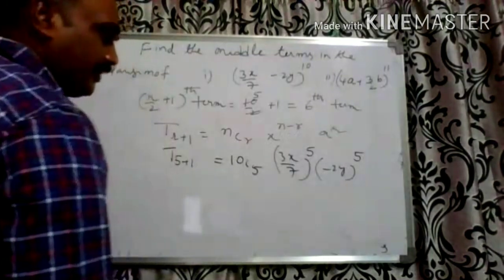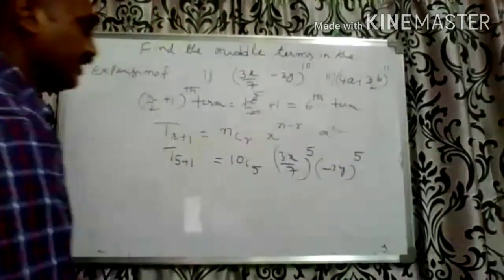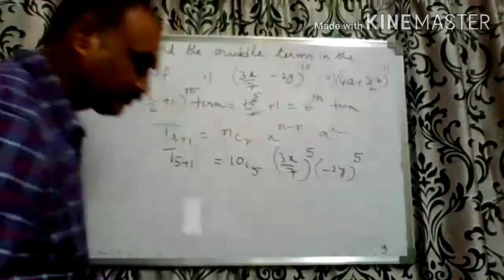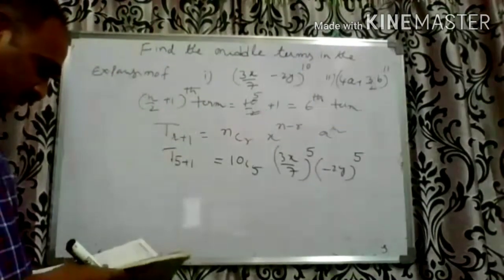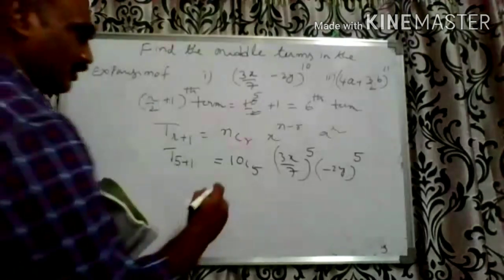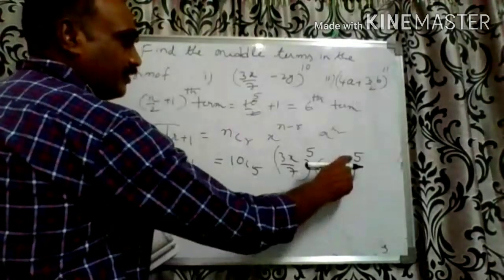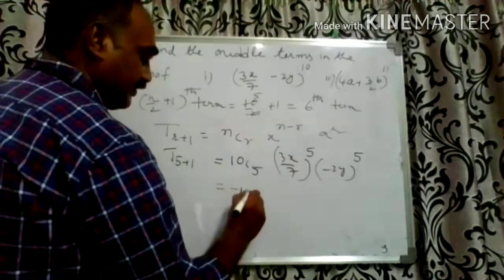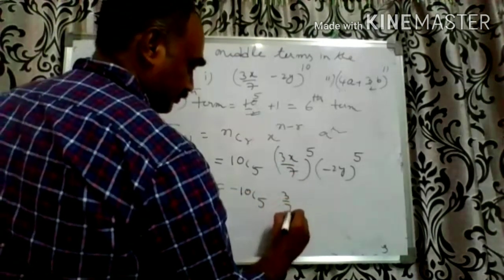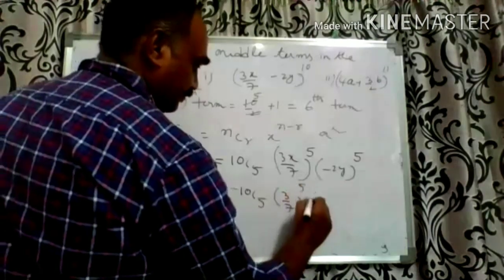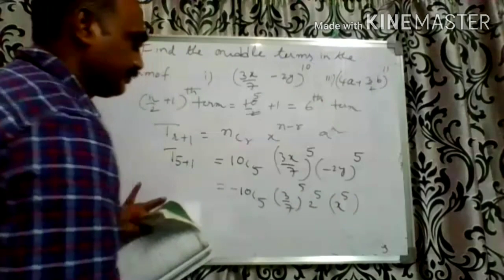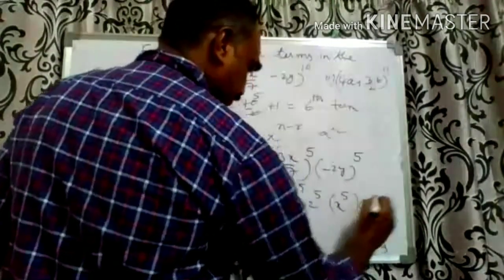So 10C5 into (3x/7) whole power 5 into (-2y) whole power 5. That is equal to (-1) power 5 into 10C5 into (3/7) whole power 5 into 2 power 5 into x power 5 into y power 5.